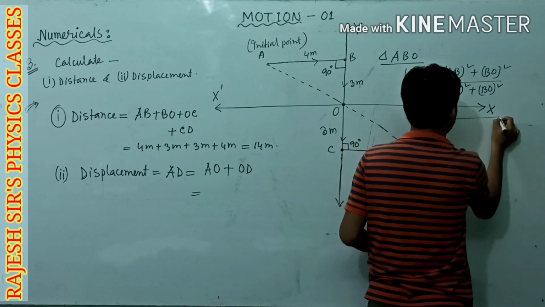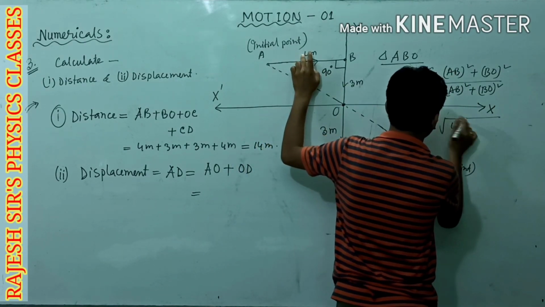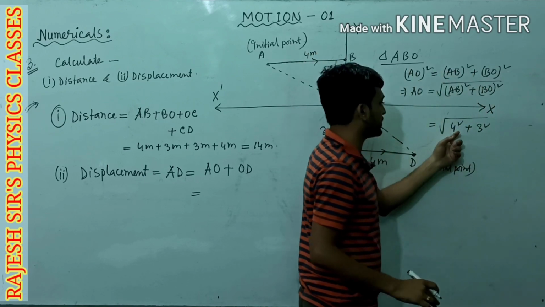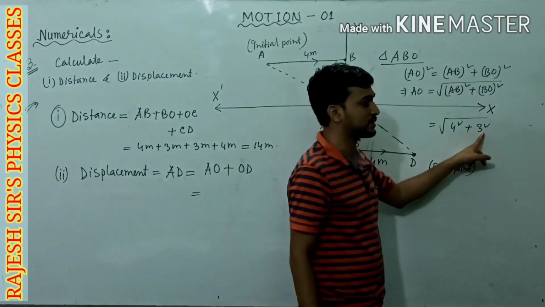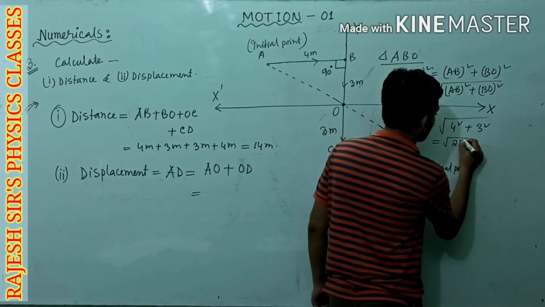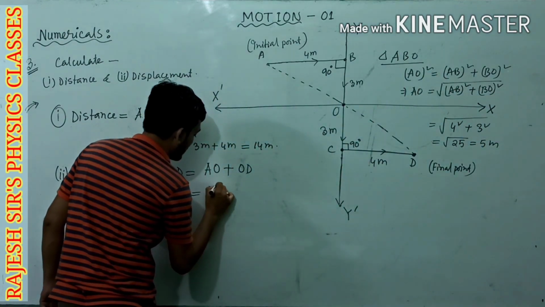Now what is AB? From here we can see AB is 4 square plus BO is coming 3. 4 square equal to 16, 3 square equal to 9, 16 plus 9, 25. Square root of 25 is equal to 5 meter. So AO is coming 5 meter.